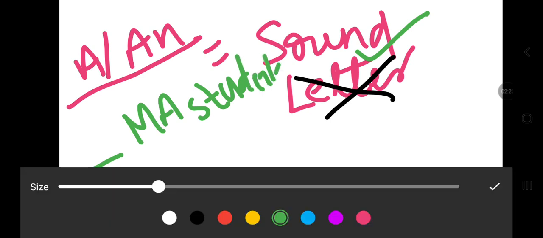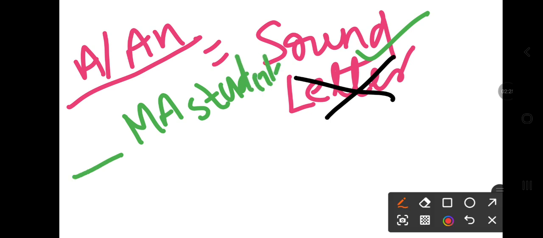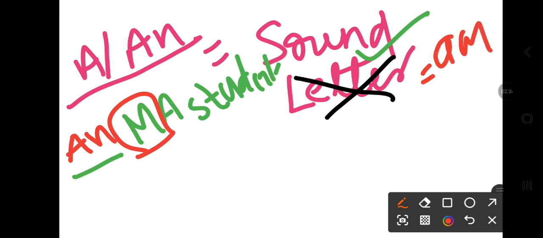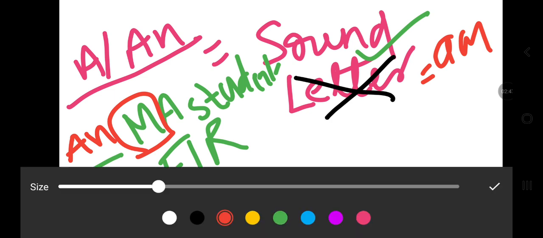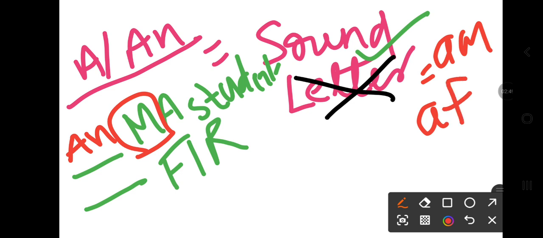So here what is the right word? It is an MA student. Why? Because when we say M, it sounds like "em". Similarly, another example is an FIR, First Information Report. When we say F, it sounds like "ef", and that is why it is an FIR.